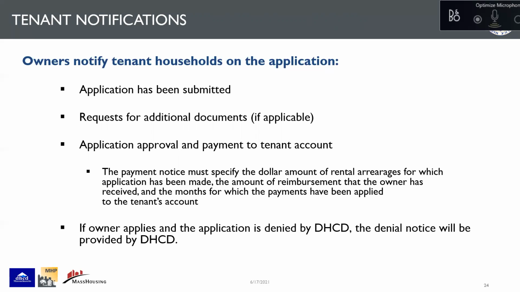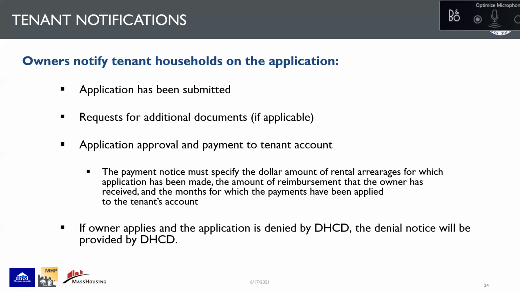There also may need to be additional documentation required either from the owner to verify eligibility or from DHCD when the application is reviewed. So there may need to be an additional notification for that resident to provide that additional documentation. The owner is also responsible for notifying the resident when they're approved and when the payment is applied to their account.